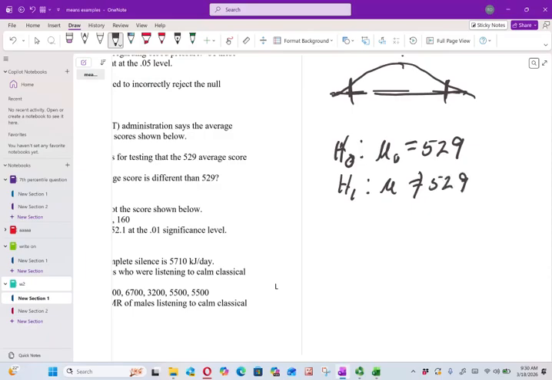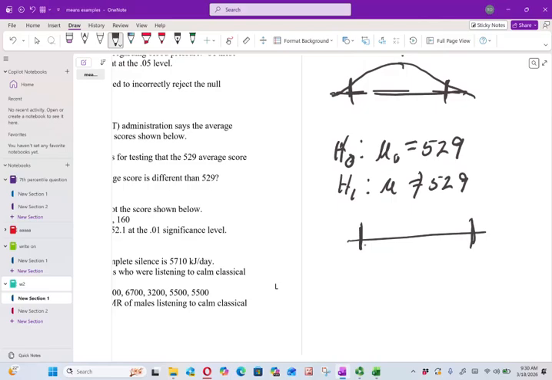Where does the alternate hypothesis point? Any place but the middle. So if I do a test and the result comes out to be high or low, but different than 529, then I say I have rejected the null hypothesis.